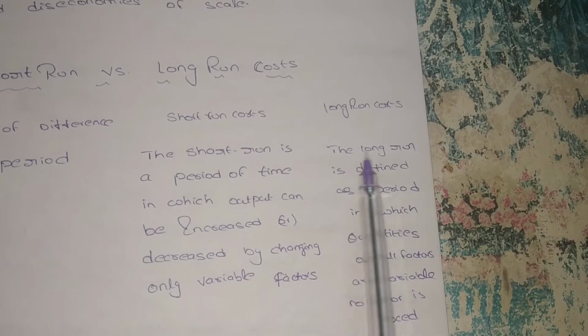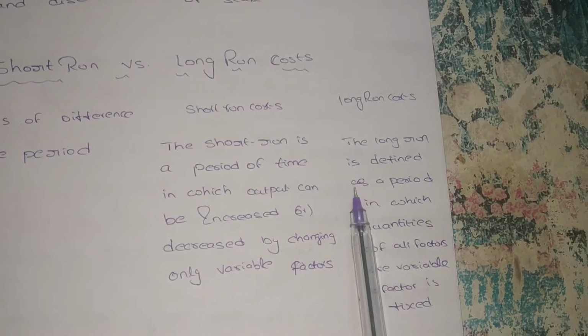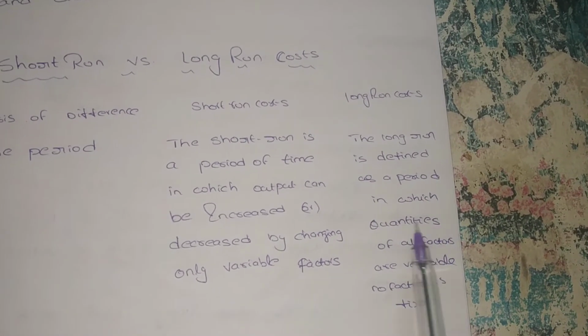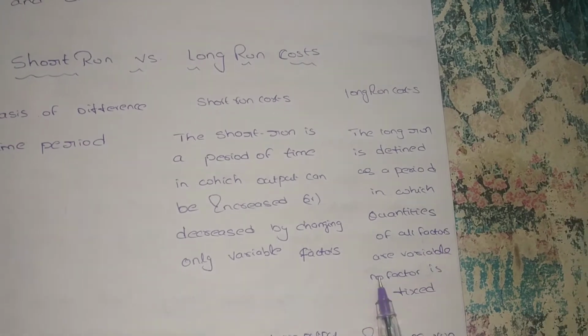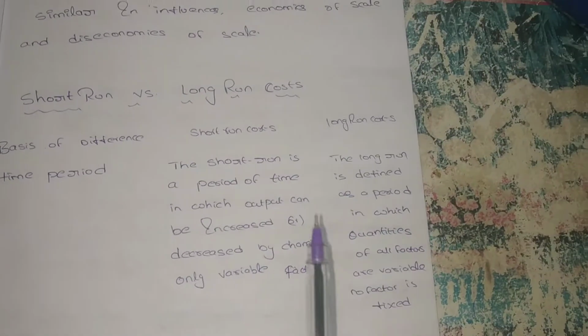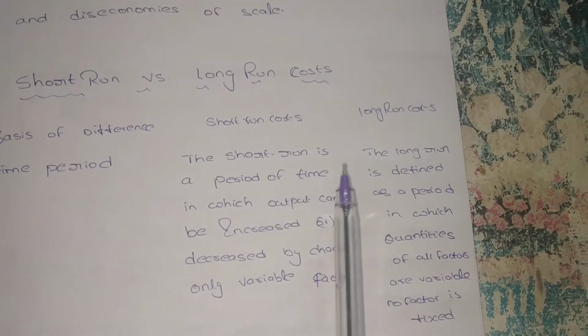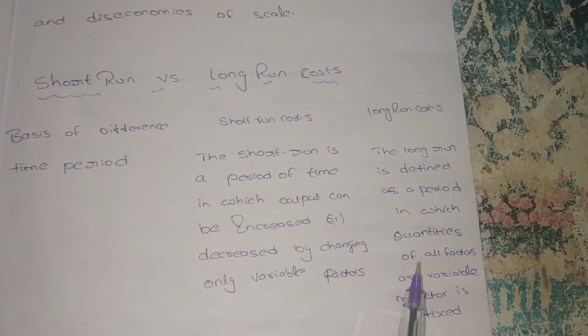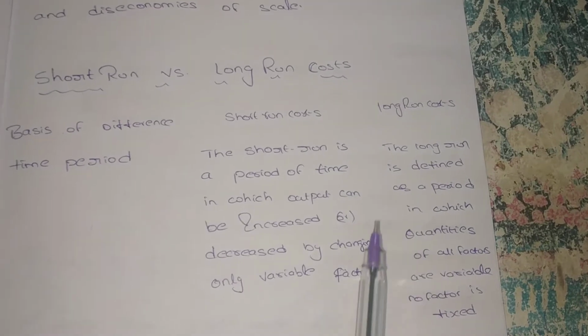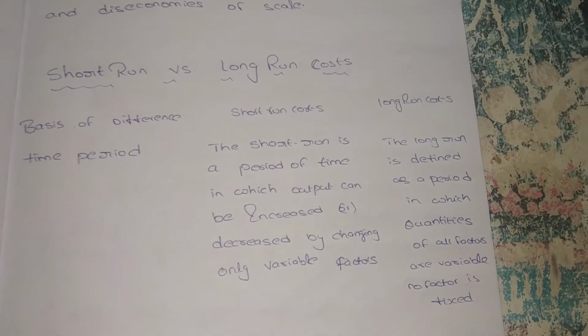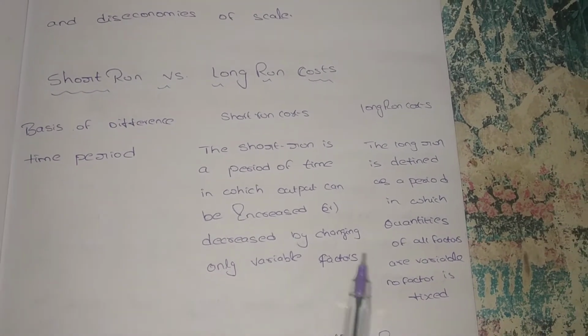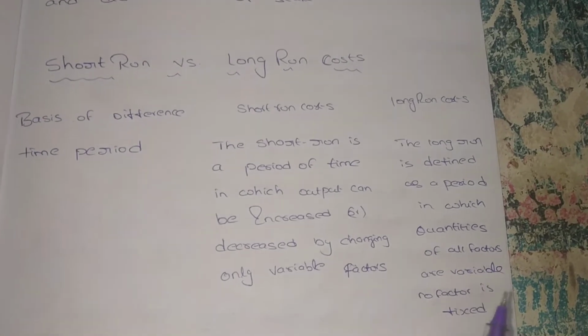Long run. The long run is defined as a period in which quantities of all factors are variable, no factor is fixed. Long run means the period is 1 to 5 years. So here, if there is any change in inputs, it is because all factors of inputs are variable. Here there is no fixed input factor.